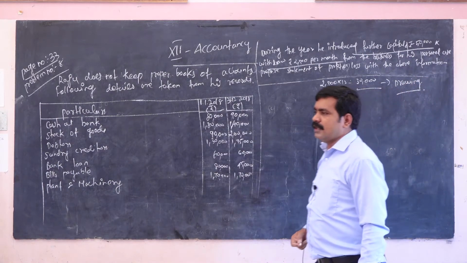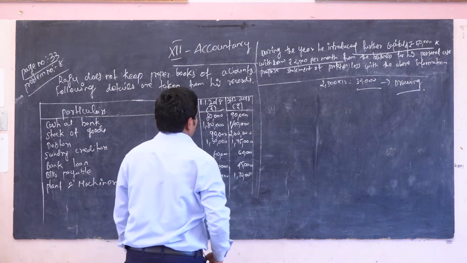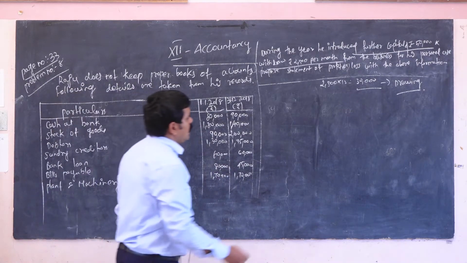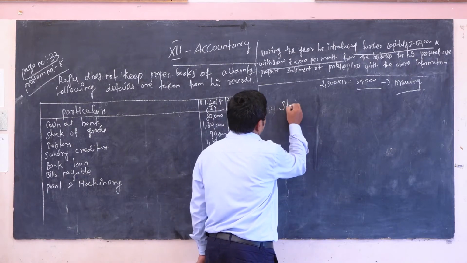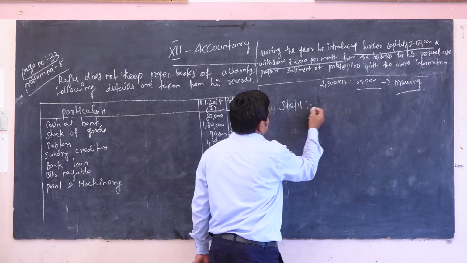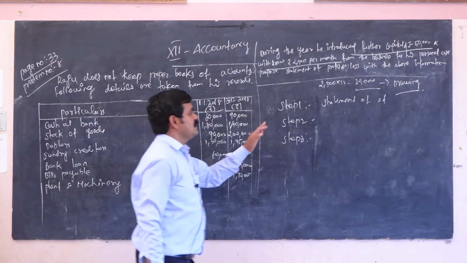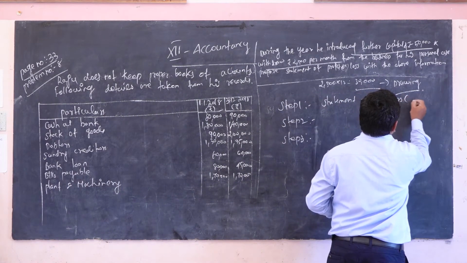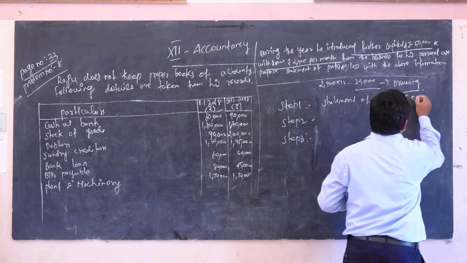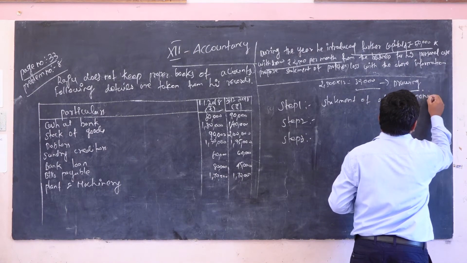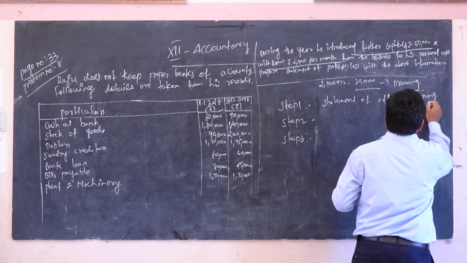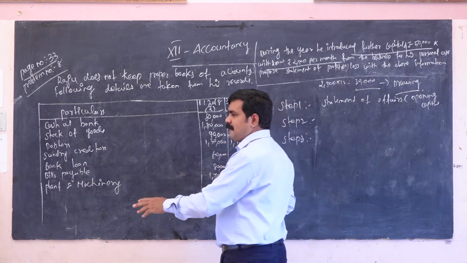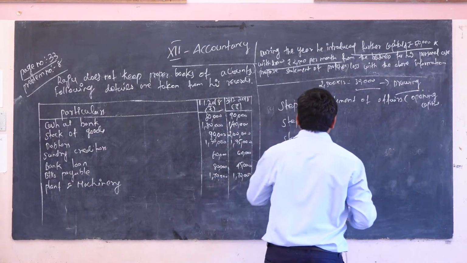So now going to start this problem. This problem is having 3 steps. Step 1, statement of affairs, that is calculation of opening capital. Because here there is no opening capital, there is no closing capital, so you have to calculate.